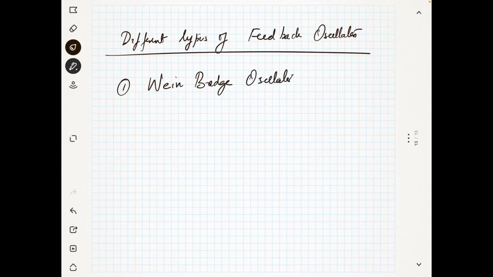It's the name of the scientist. The Wien bridge oscillator uses an RC feedback network.